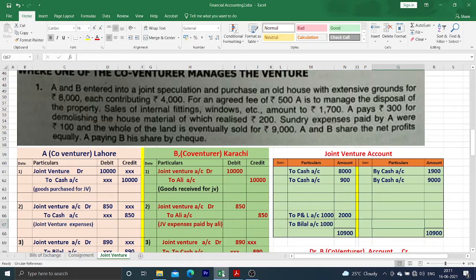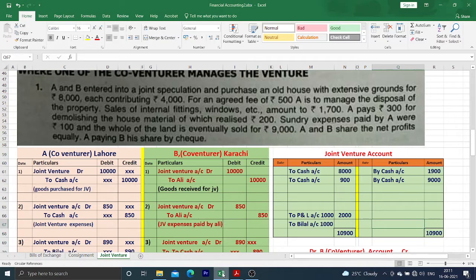So A is contributing 4,000, B is contributing 4,000. For an agreed fee of rupees 500, A is to manage the disposal of the property. So A is managing the demolition work for his commission of 500 rupees.